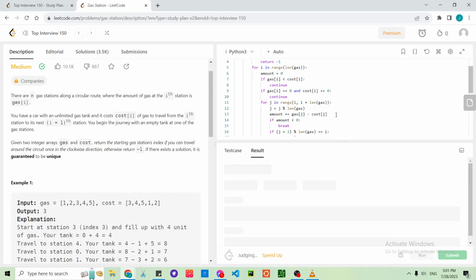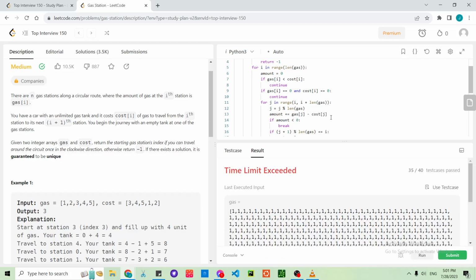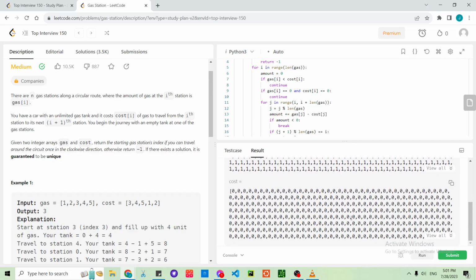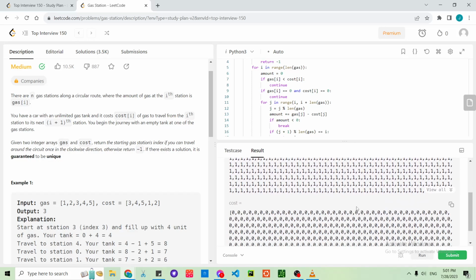This is not gonna pass. And then this is not gonna pass because it's still running. Okay, if this doesn't work, oh, I see. So the zeros are good now. Now we have a bunch of ones and zeros.